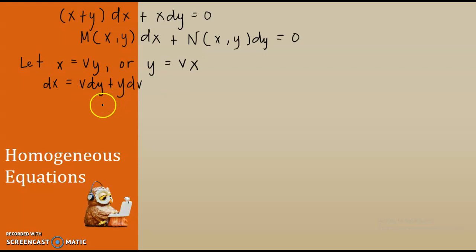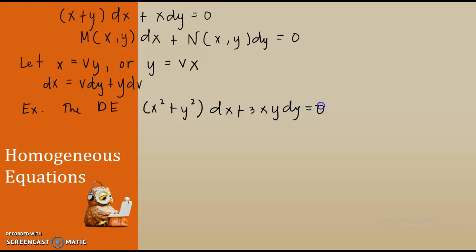Okay, it is very important to know that the solution of any homogeneous equation will usually lead to the separation of variables. Okay, example. The differential equation x squared plus y squared dx plus 3xy dy equal to 0.